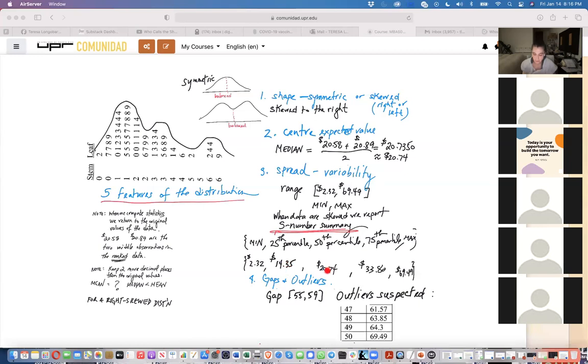Between the median and the 75th percentile, we find 25%, and then another 25%. So for 100%, there's 25% between each. What about the middle? How many observations are between the 25th percentile and the 75th?